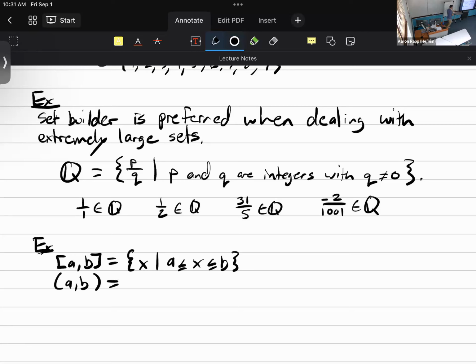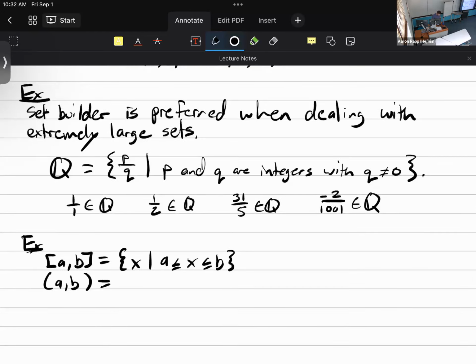We also have this, which is called an open interval. It's all numbers such that what? Just between A and B, not including A, not including B. So what does this look like in set builder notation?